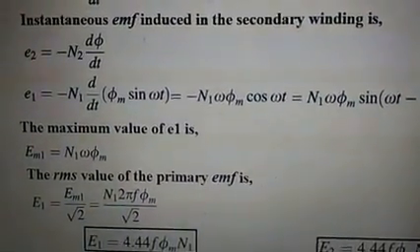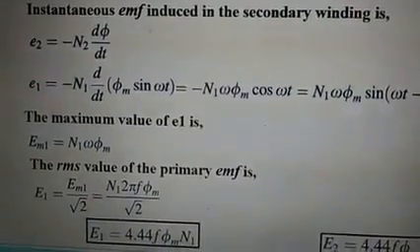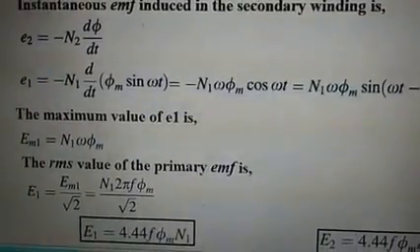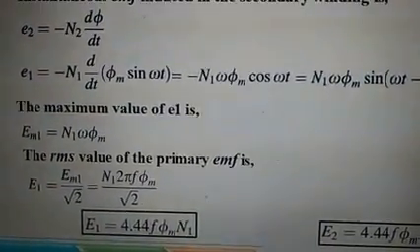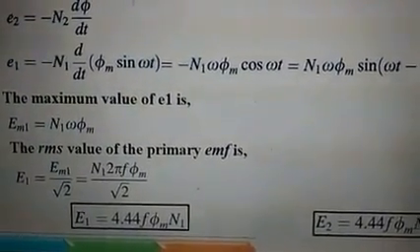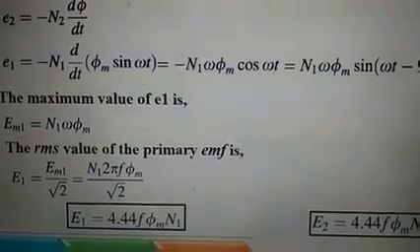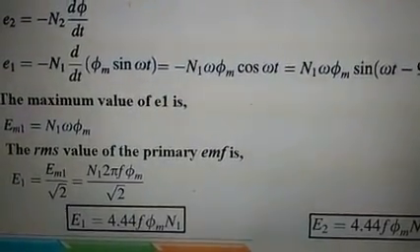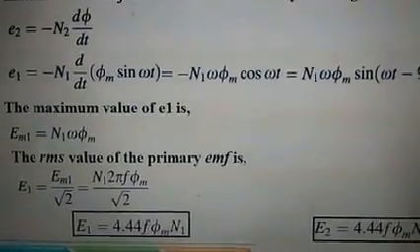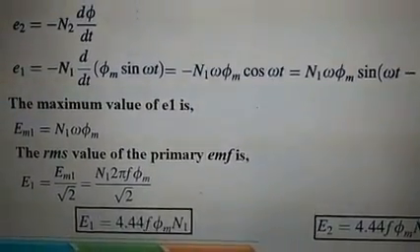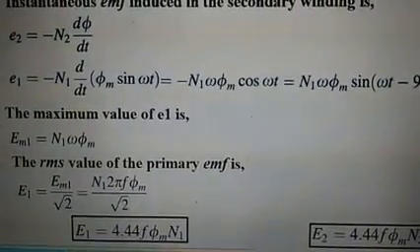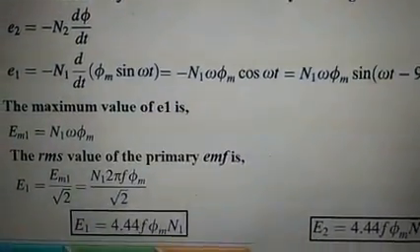and as you know, the RMS value E1 is equal to E maximum by root 2, and you can also put omega is equal to 2 pi f, so we get N1 2 pi f phi m by root 2, which is equal to 4.44 f phi m N1, where N1 is the number of turns at the primary side, phi m is the maximum flux linked with the secondary winding, means primary to secondary.